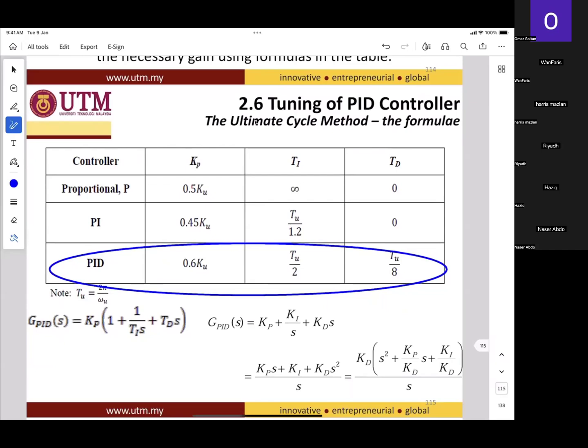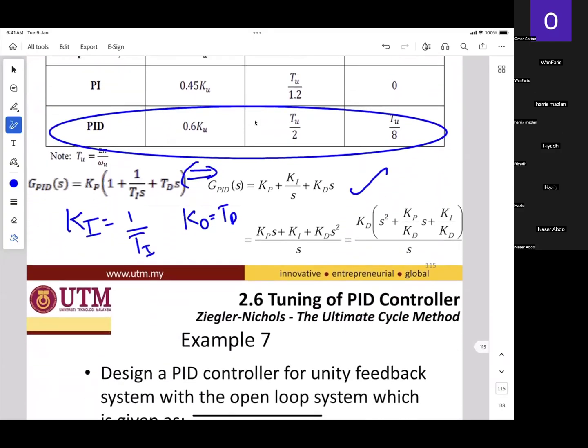Ki is 1 over Ti, and Kd is equal to Td. Shown here is the similarity between these transfer functions.